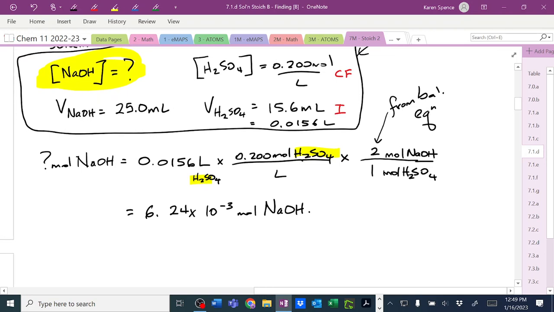But that's not what the question asked me for. The question asked me for the concentration of NaOH. How do I write concentration of NaOH? Square brackets. Concentration of NaOH equals, what's the formula?